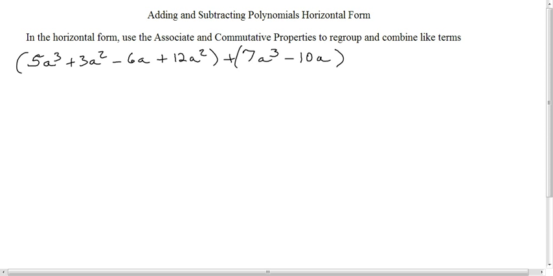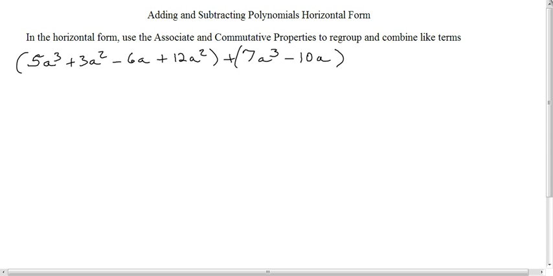The first thing we want to do is identify our like terms. Okay, so same thing. Our like terms are a to the third, a to the third, a squared, and a.